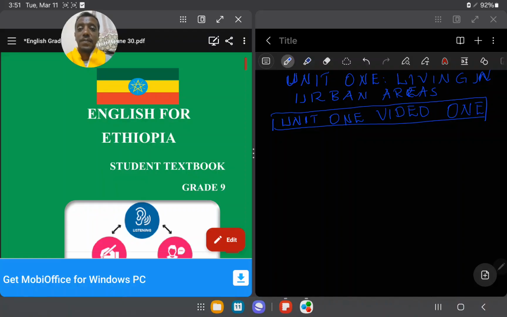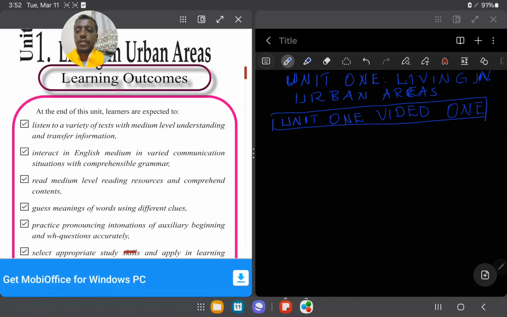Before that, I want to say something about the first chapter objectives or outcomes. The first objective of the unit will be to listen to a variety of texts with medium level understanding and transfer information. This is the first objective, students.